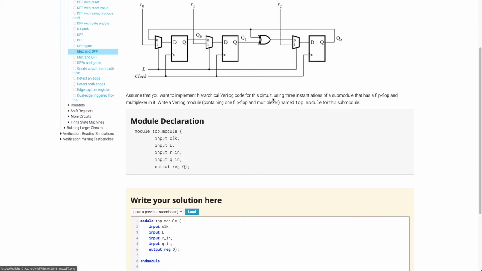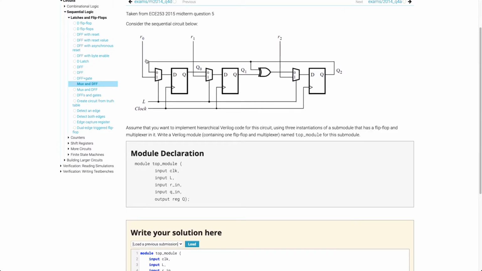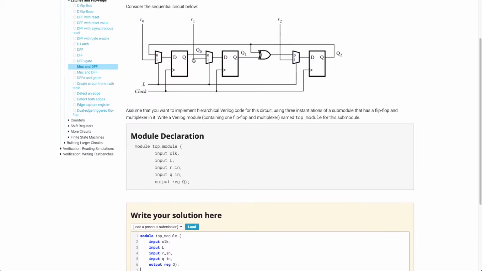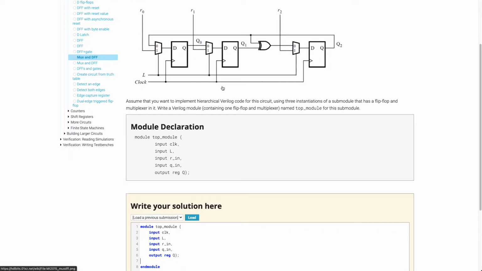Oh, I see. So it's just talking about this. What is Q in? Okay. Output reg Q. All right.